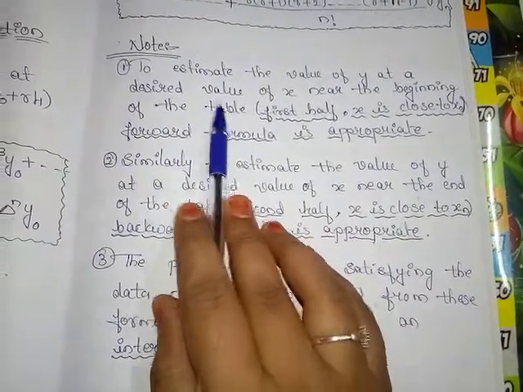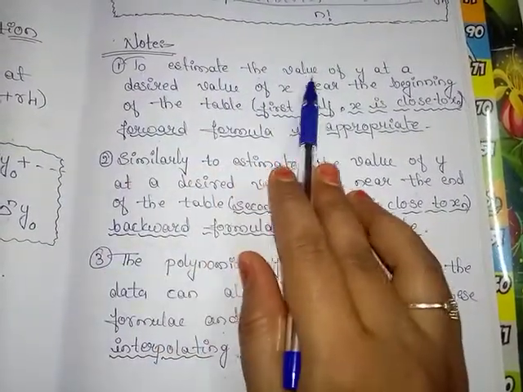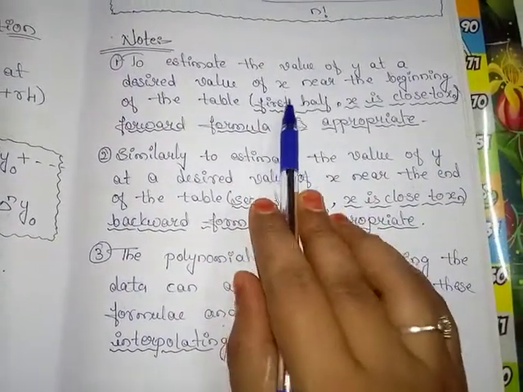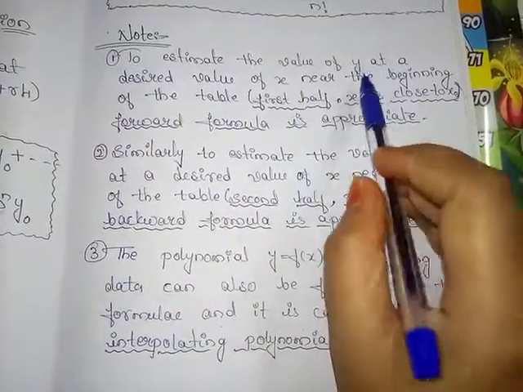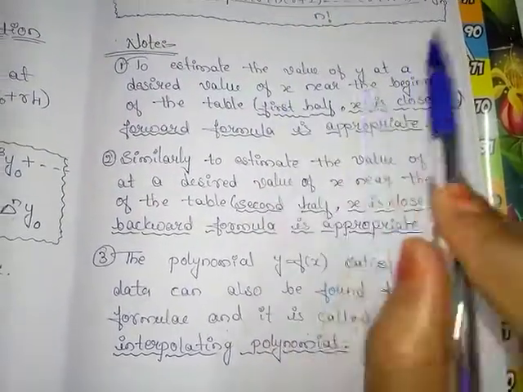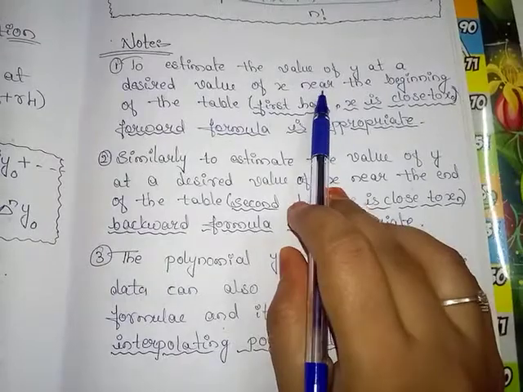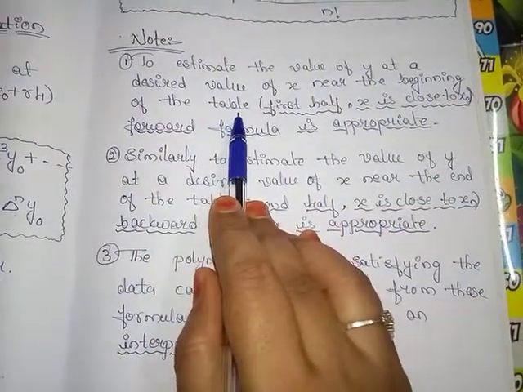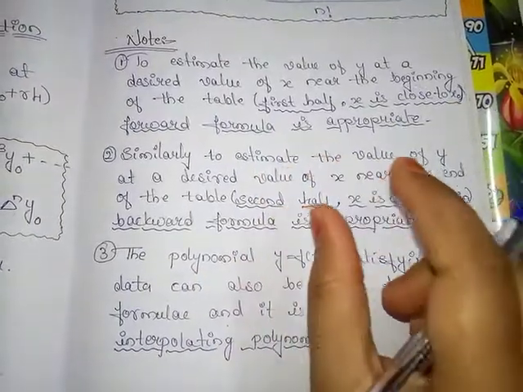What is the first point? To estimate the value of y at a desired value of x. Our intention is to find the value of y corresponding to the value of x when the x value is near the beginning of the table. They are given some values of x.